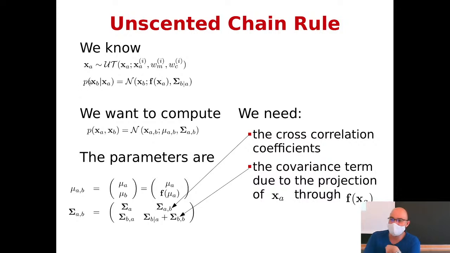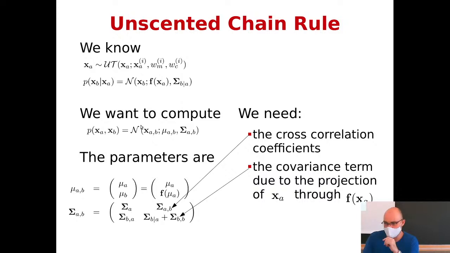Now, if I have a conditional distribution over a variable xb, which is characterized by a moving mean, which is a function of the controlling parameter xa, and the constant covariance, which I called sigma b given a, then I would like to compute the joint distribution, p of xa and xb.